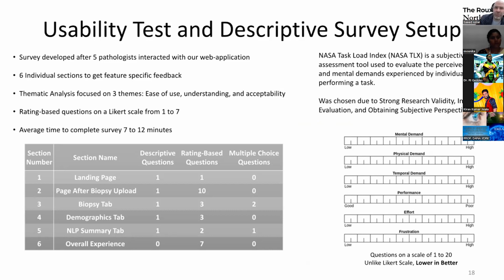We measured the ease of use, the understanding, and the acceptability of these AI tools. Those are the sections, with a number of ratings per section. On the right hand, we can see the metrics that are used: mental demand on a scale of 20, where the lowest means the less mental effort needed, then physical demand, temporal demand, performance, effort, and frustration, measuring the frustration of the user.